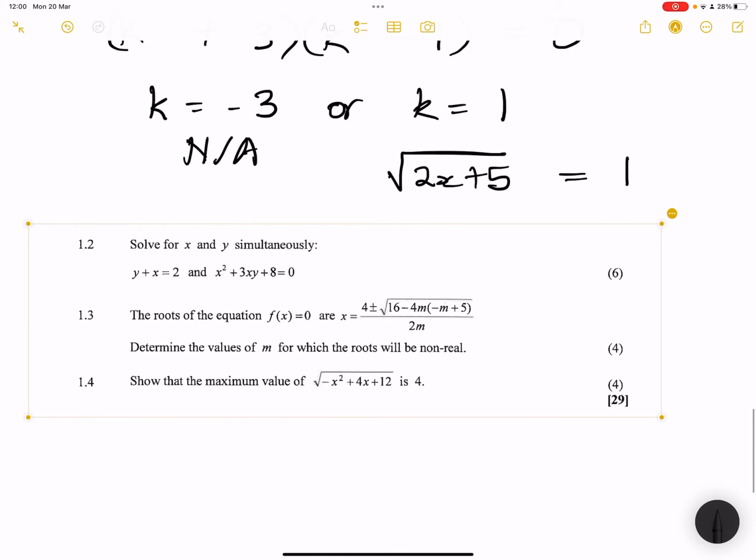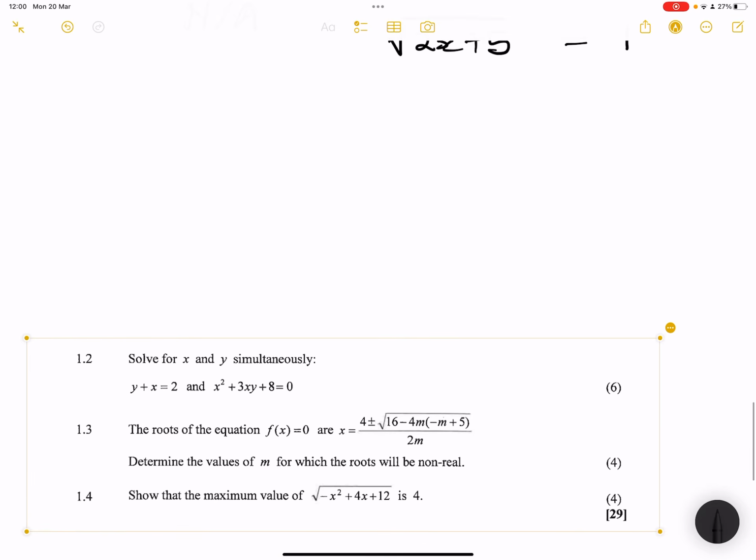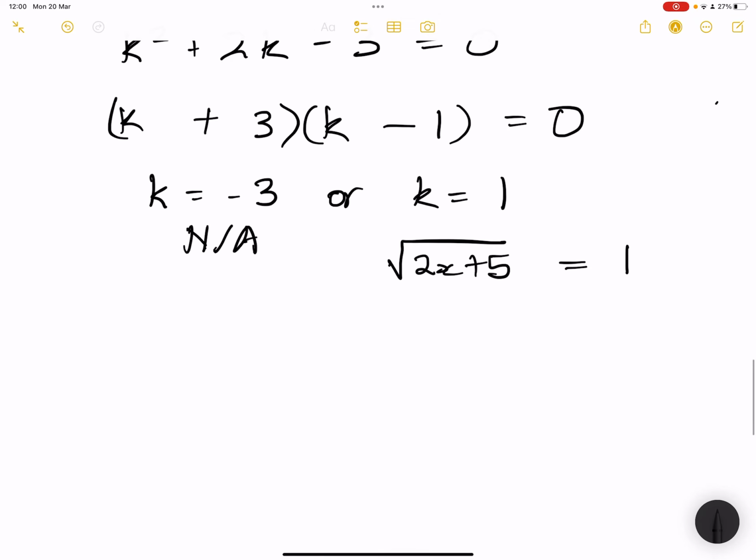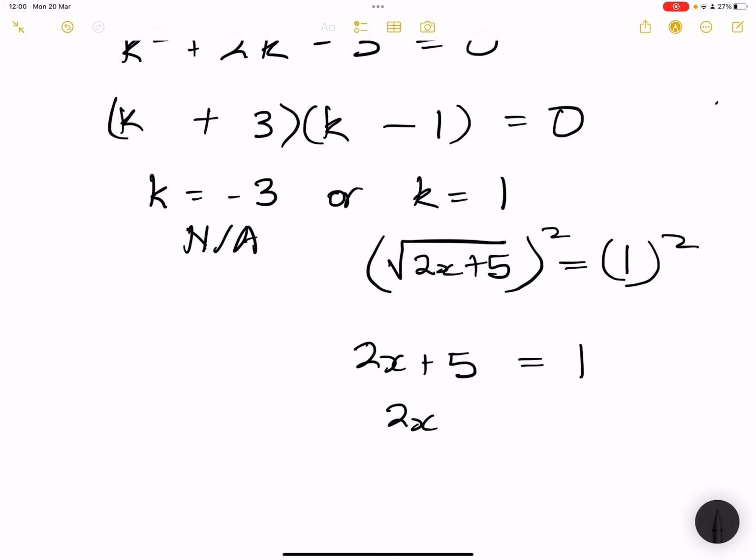Now remember, we were not solving for k, we were solving for x, right? So what are we going to do? Square both sides, right? So I am going to have 2x plus 5 equal to 1. So 2x is equal to, if I take this to the other side, 1 minus 5, that gives us negative 4.